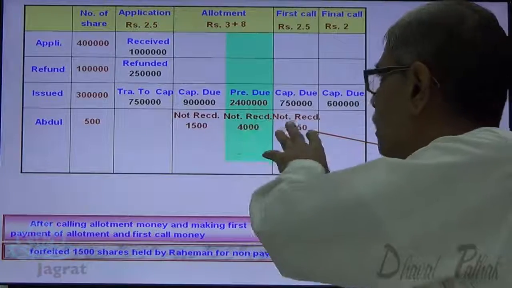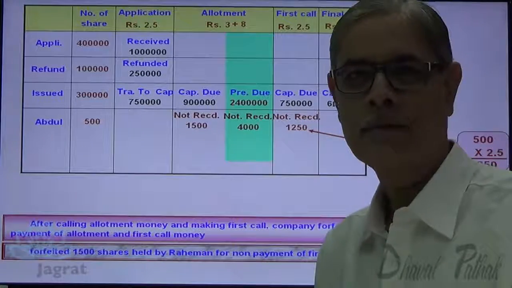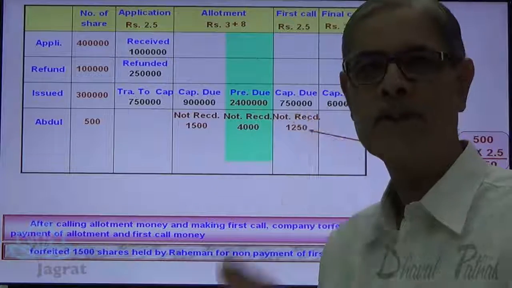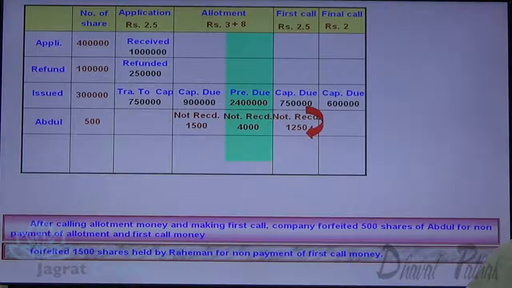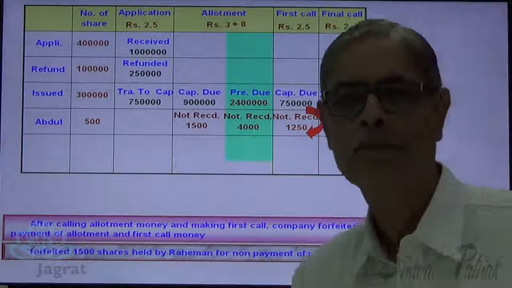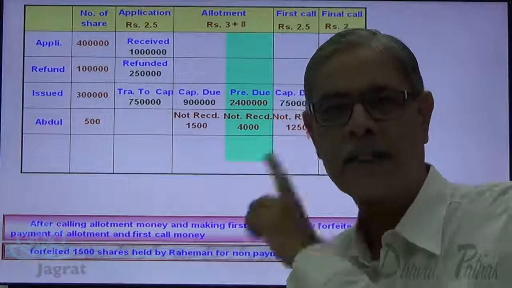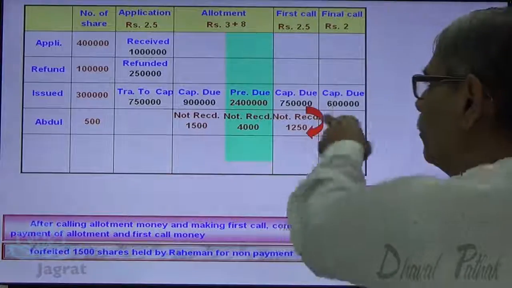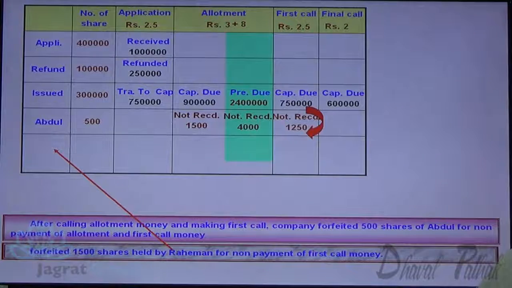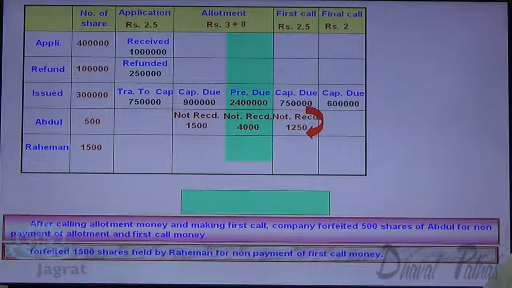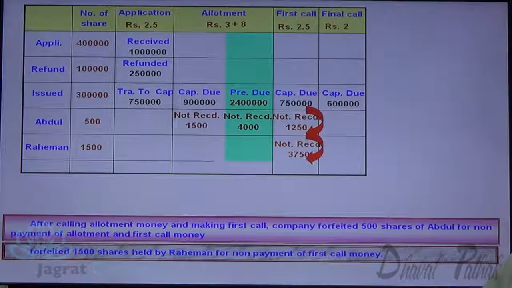And after this stage, before demanding the final call, these shares have been forfeited. So this is a symbol that I have placed just to explain that these shares are forfeited before demanding the final call. Now next, Rahman, he is allotted 1500 shares, has not paid final call money, and his shares are also forfeited.